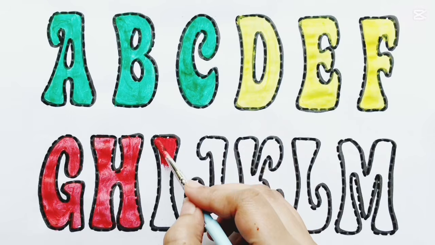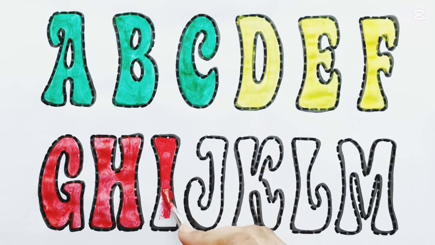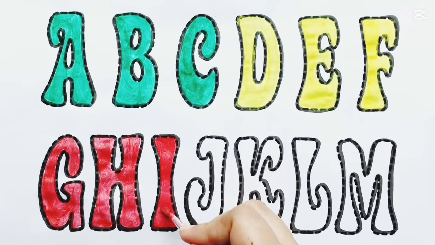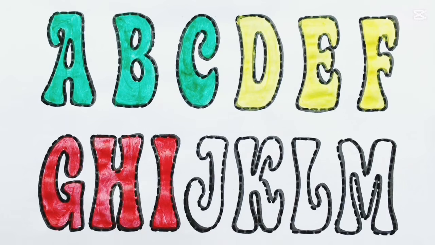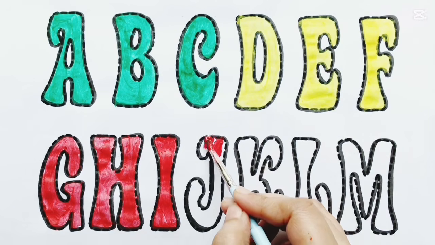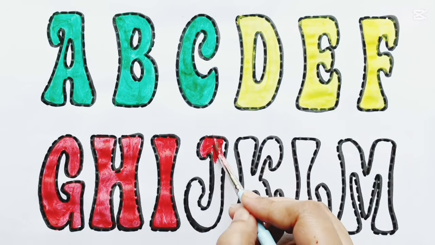I for ice cream. Art. Apple. Angel. Address. Animal. Answer. April. Autumn. Ambulance. Airplane. Arrow. Alligator. Ant. J for jelly.